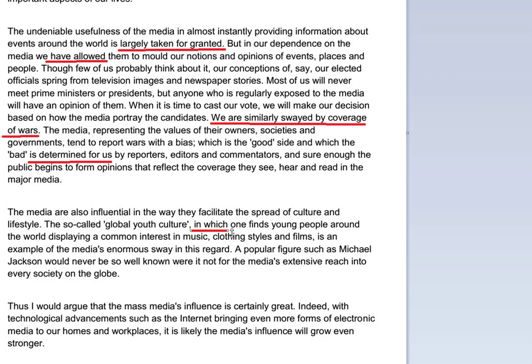Okay, so we have some relative pronouns here. So well known, or if not for. Oh, that's good. Indeed, with technological advancements such as the internet, bringing even more forms, it is likely that many will grow.